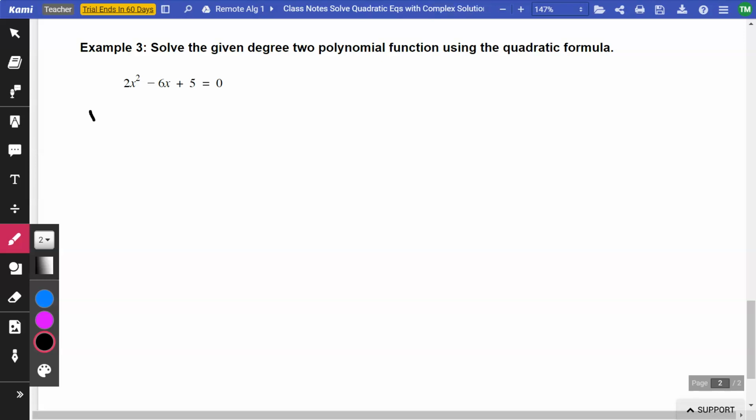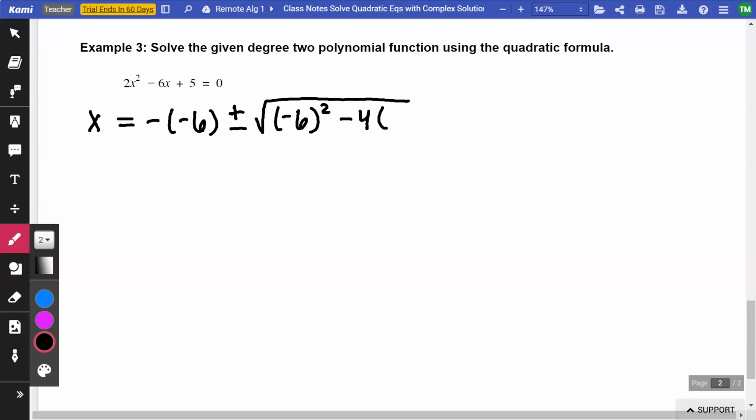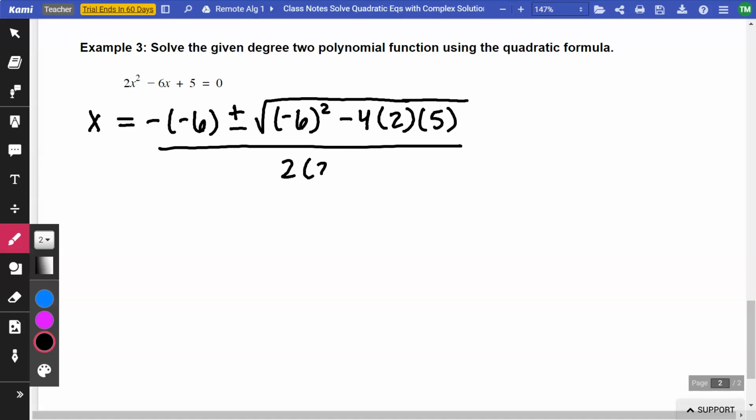So plugging this into the quadratic formula, you're going to have x is equal to the negative of negative 6 plus or minus the square root of negative 6 squared minus 4 times a, which is 2, times c, which is 5, all over 2a, so 2 times 2. Let's simplify.